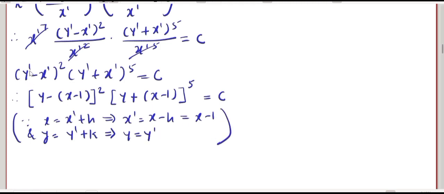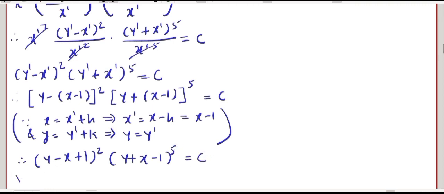So substituting y in place of y', we get (y - x + 1) square into (y + x - 1) raised to 5 equal to c, which is the required solution.